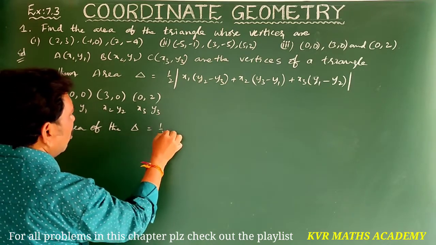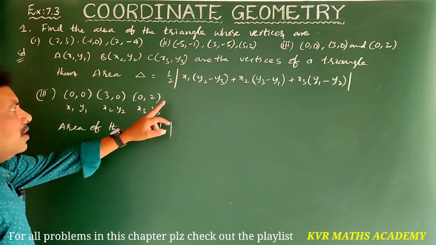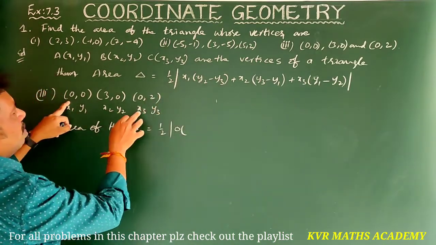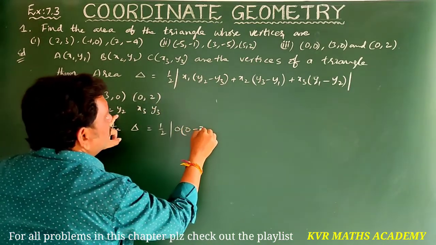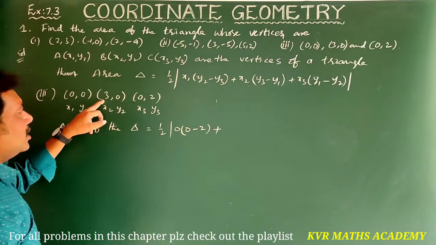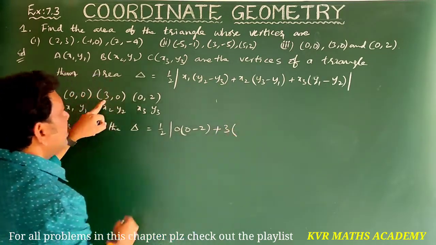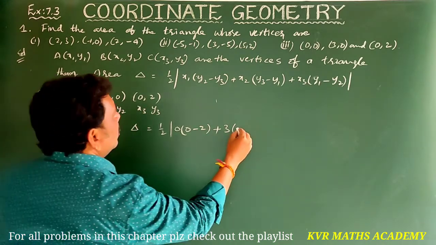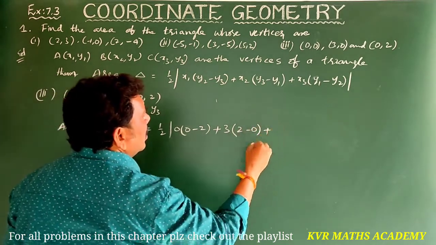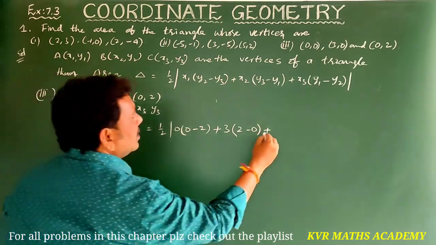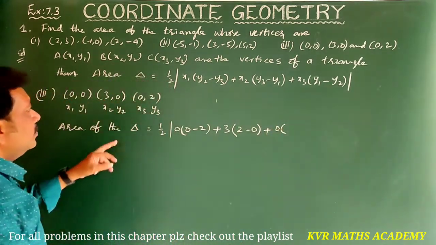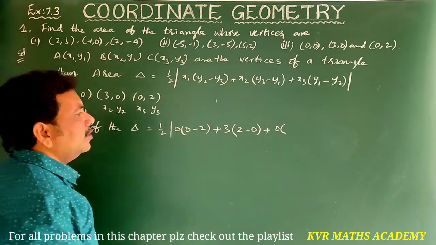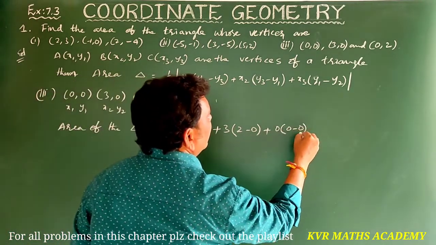triangle is equal to half modulus of x1 into (y2 minus y3), where x1 is 0 into (0 minus 2), plus x2 into (y3 minus y1), that is 3 into (2 minus 0), plus x3, which is 0, into (y1 minus y2), that is (0 minus 0), right?